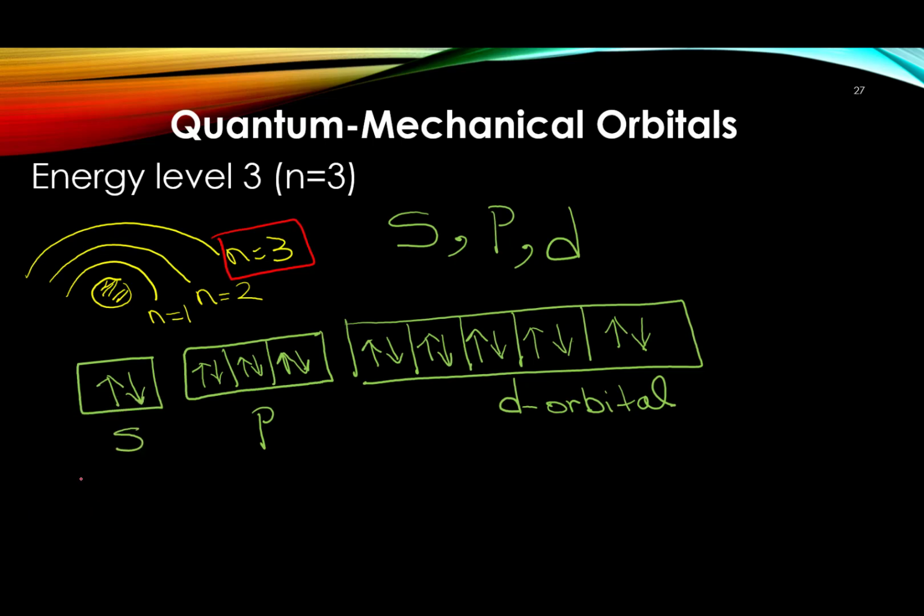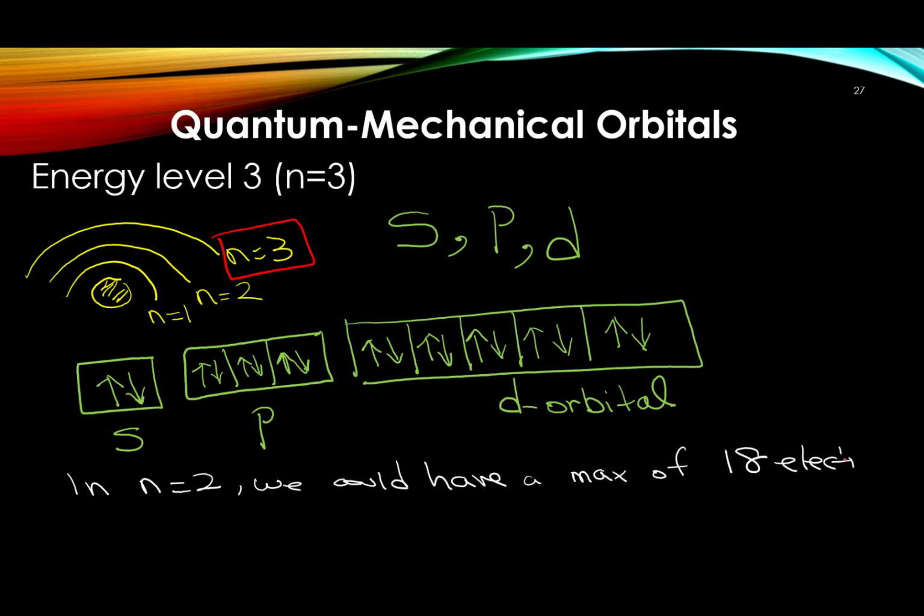Let's write it down. In energy level 3, we could have the maximum of 18 electrons.